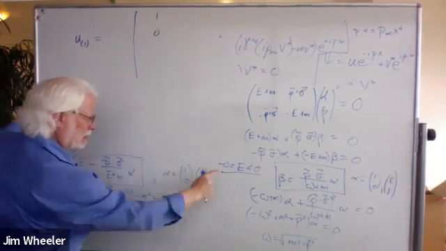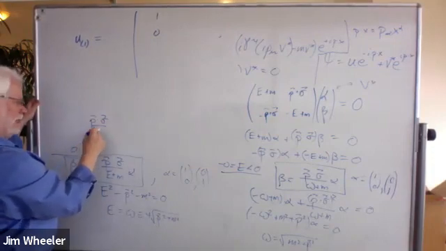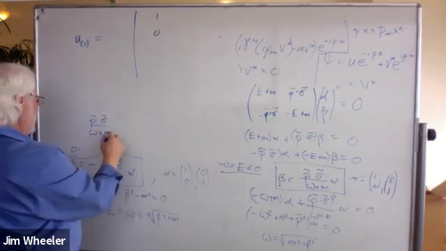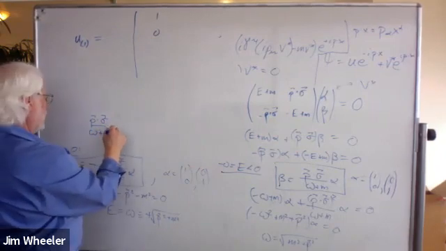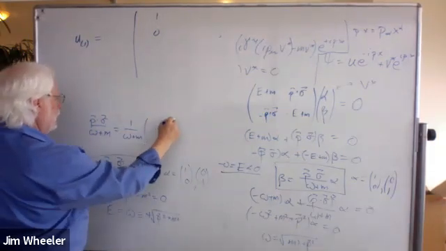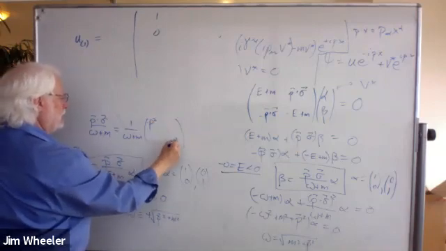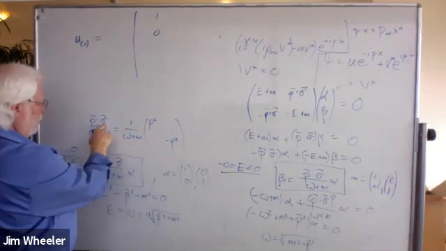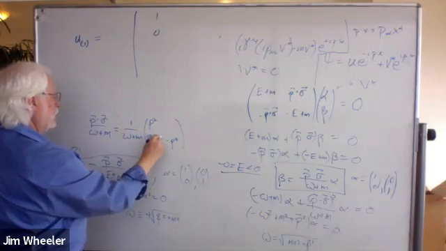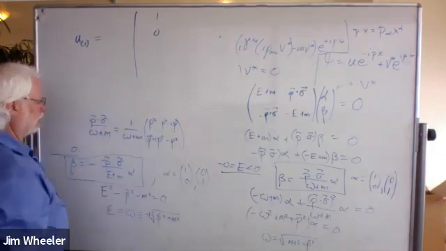The matrix we're working with in both conditions, P dot sigma over, in both cases, it's omega plus m in the denominator. And then we'll have an overall minus here. But that matrix is 1 over omega plus m. And then P dot sigma is Pz minus Pz times sigma z. And then for sigma x and sigma y, we get Px plus iPy and Px minus iPy here.